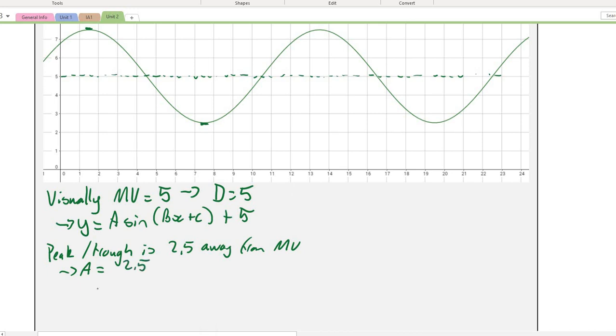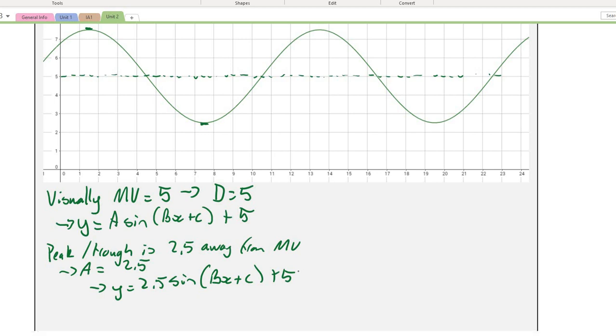Okay. So therefore our rule is y equals 2.5 sine bx plus c plus 5. Now we have 2 letters remaining, B and C. Which of those do you think is easier to find? The phase shift. It's a 50-50 shot, and you were not correct.